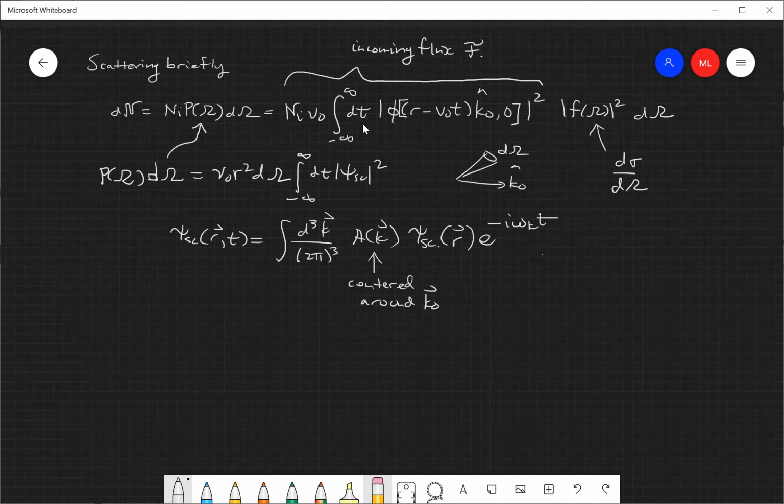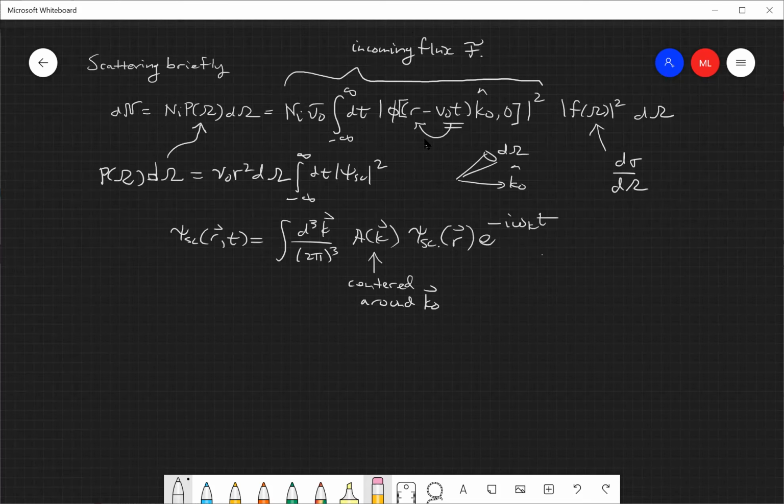I did it last time with an integration over r, but it was a little bit confusing because I forgot to add the fact that this is the time dependent wave function. This is better. You can change variables and change this into an integration over r, because r and t are in the same argument here.